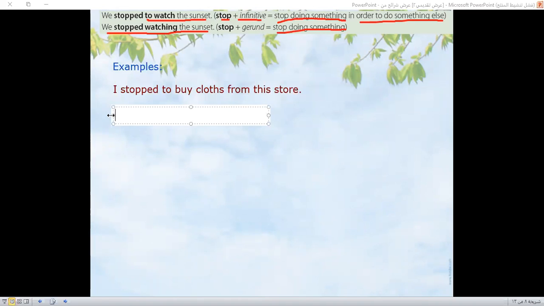But when I say I stopped buying clothes from this store, the whole meaning has changed. Can you notice? What does that mean when I say I stopped buying clothes from this store? What is the difference? Can you tell the difference in the meaning?